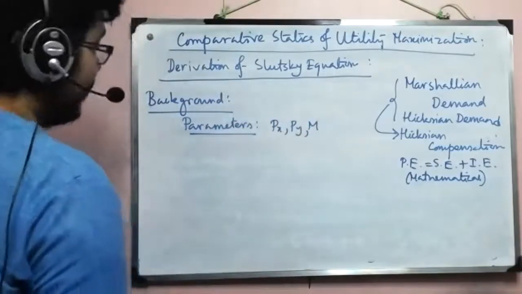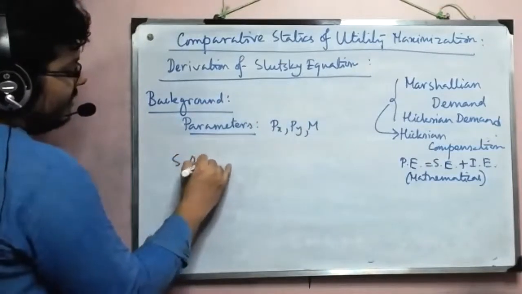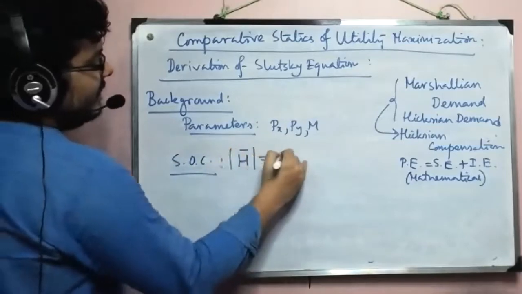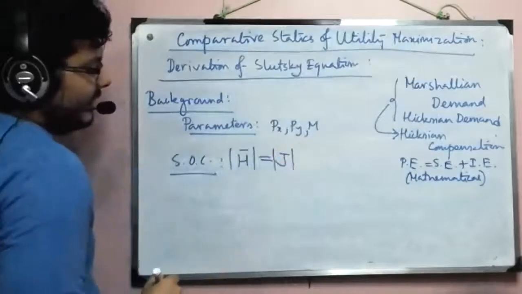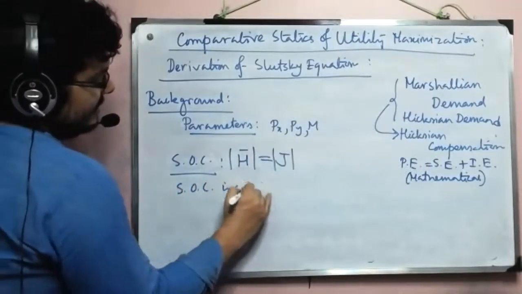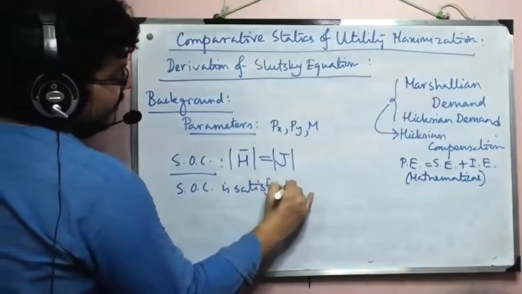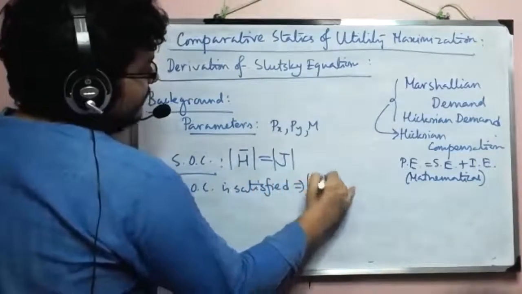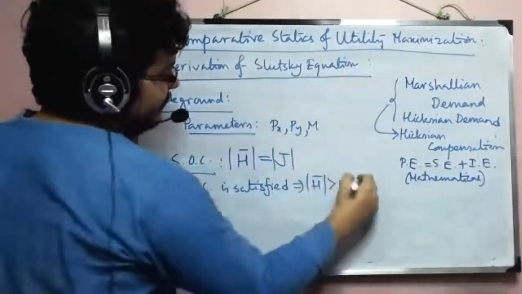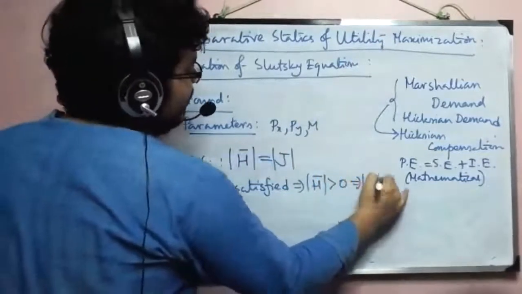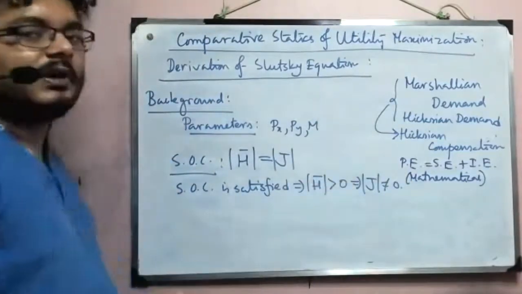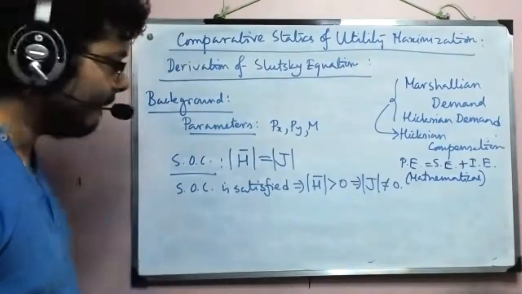Now, from the second order condition that we have studied, we have seen that the bordered Hessian is essentially our Jacobian. If I say that SOC is satisfied, then for this utility maximization problem the bordered Hessian is positive, which implies that the Jacobian is non-zero, because a non-zero Jacobian is good enough for what we will be doing.